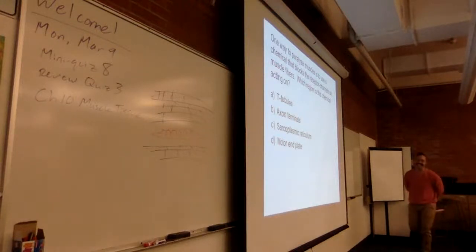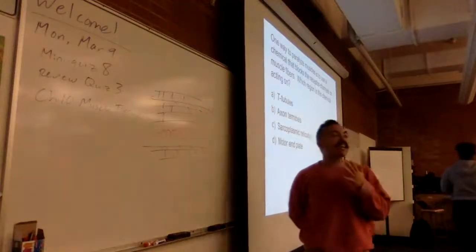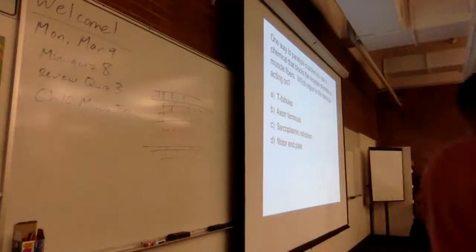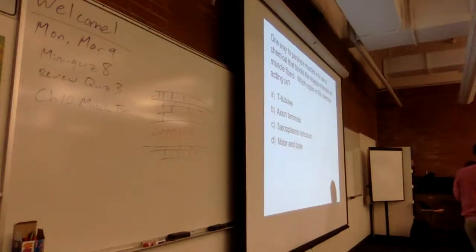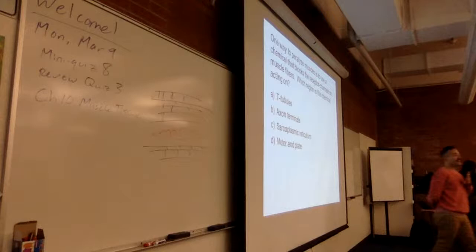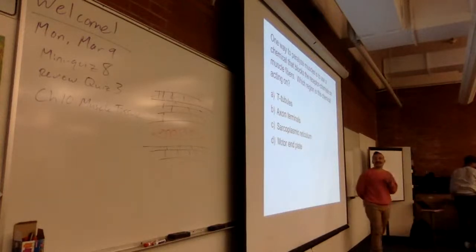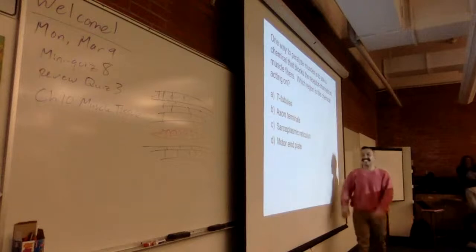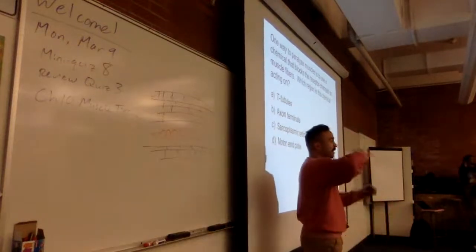That must be it. One more time, let's see your hands, please. 1, 2, 3. On 3, say the letter. 1, 2, 3. D. Yeah, it's D. Motor end plate is here.